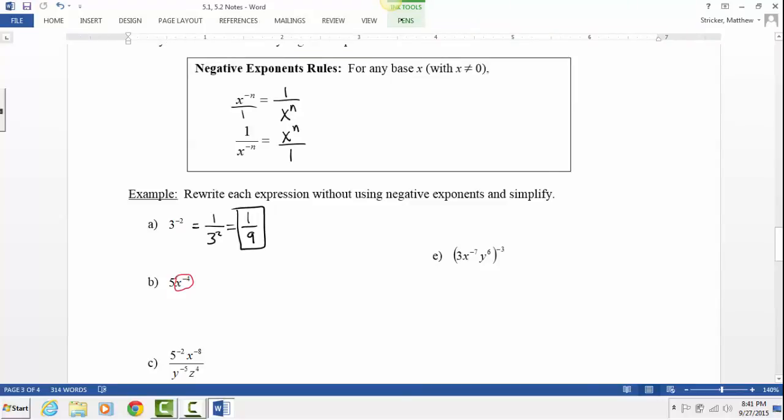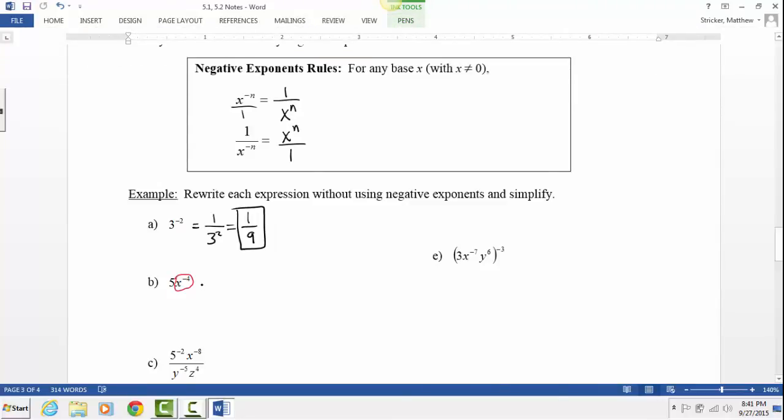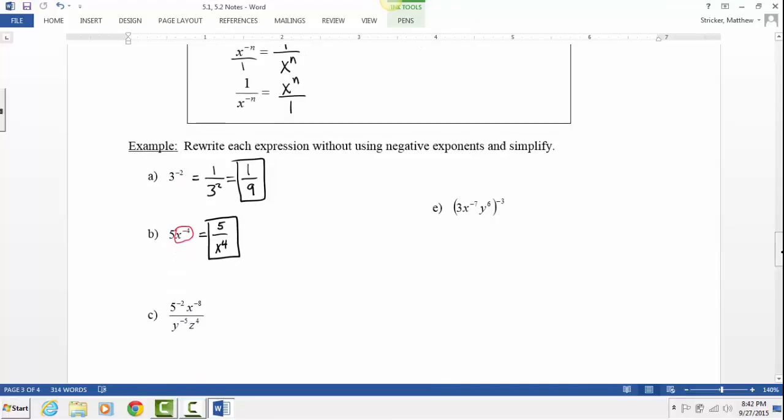So if I want to make that power of negative 4 positive, only the x part goes to the bottom. The 5 is going to stay on top. The x to the 4th goes to the bottom. So this is 5 over x to the 4th. And we can apply that same principle in the next example. Only the exponents that are negative will move.